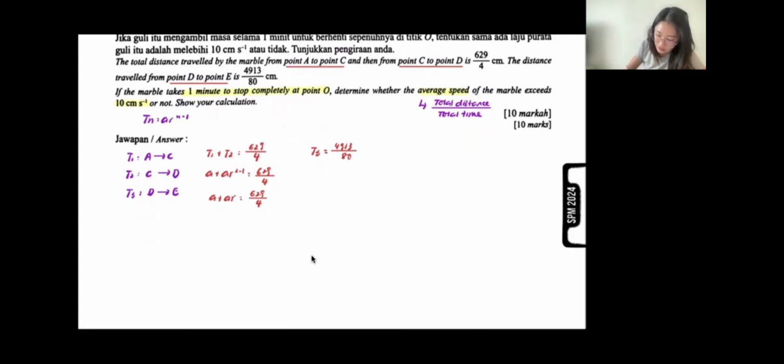So let us simplify first by factorizing A, because later on you will do simultaneous equation. Okay, so this will be your first equation. All right, then second one, AR power 3 minus 1 equals to 4913 over 80, which is AR squared equals to 4913 over 80. This is your equation number 2.